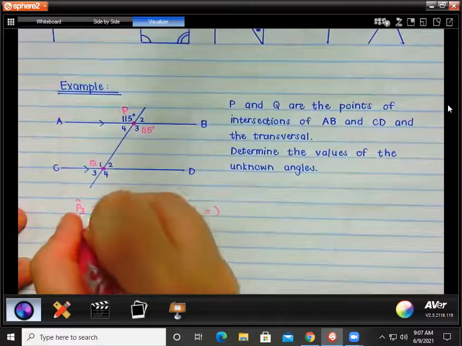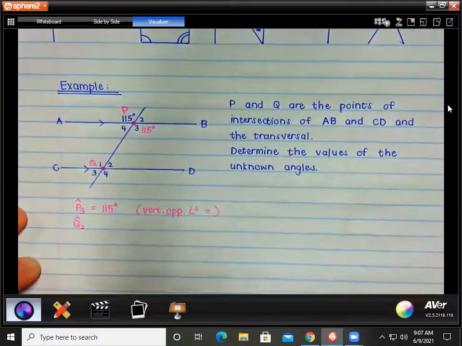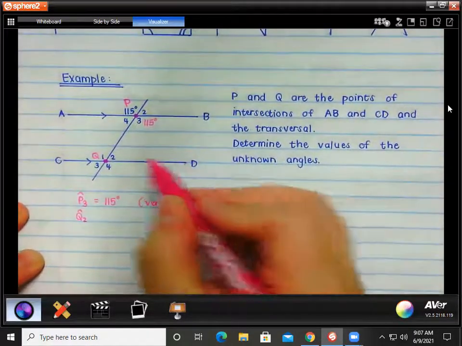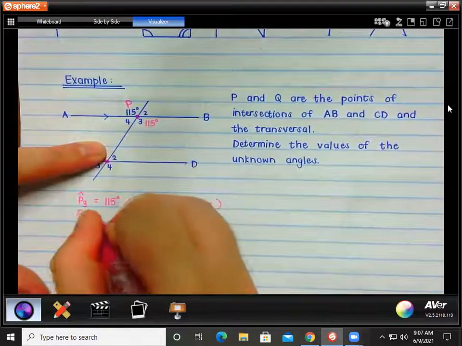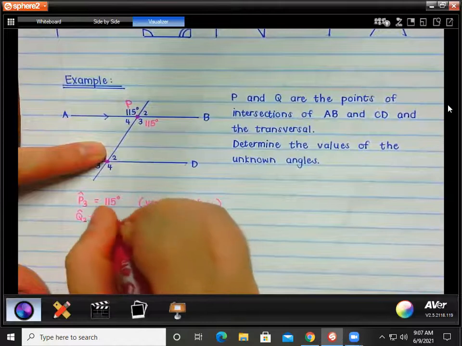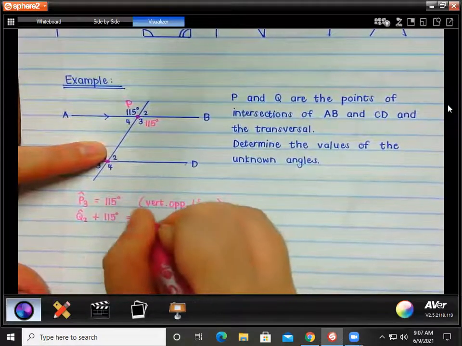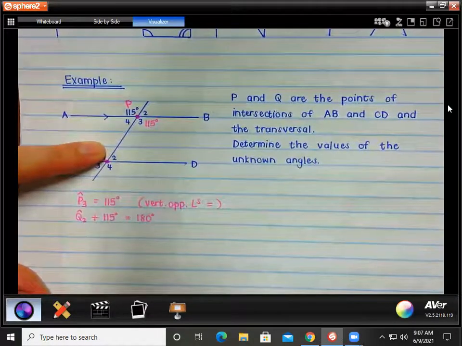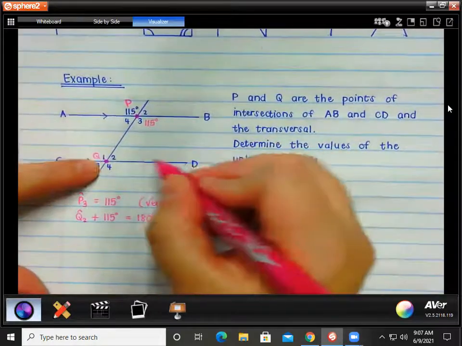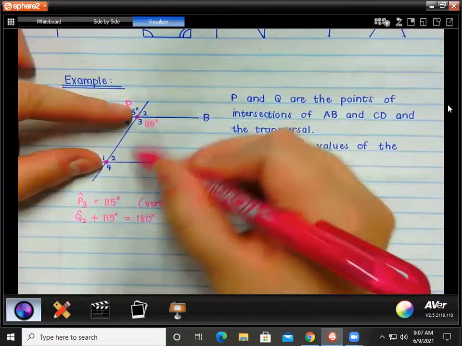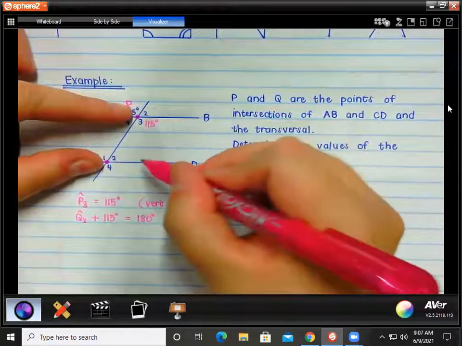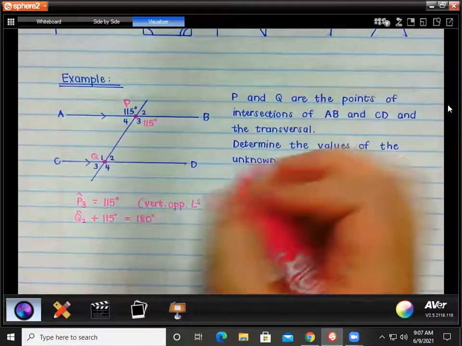All right, so now, guys, the way in which we're going to write this, we're going to say that Q2 plus 115 should equal what? What do we know about co-interior angles? 180. All right. So these two angles together, are we seeing that C shape? Those two angles together should equal 180 degrees.